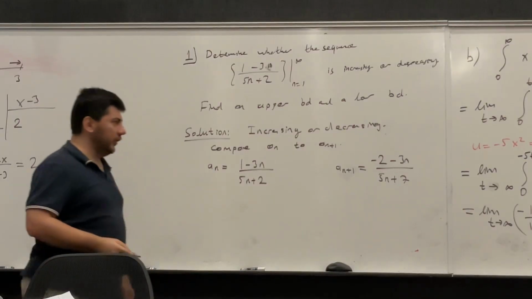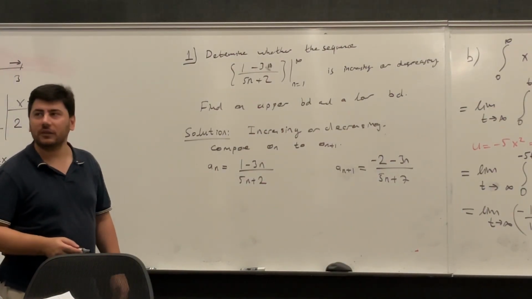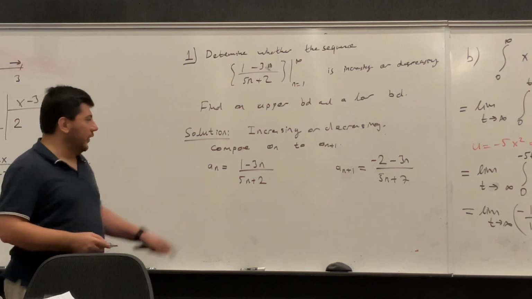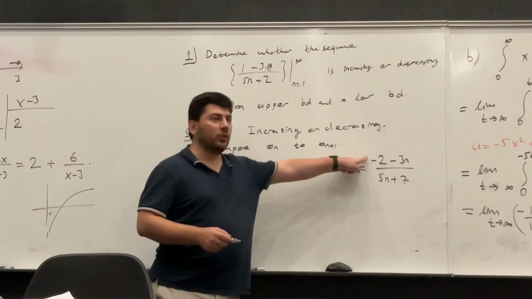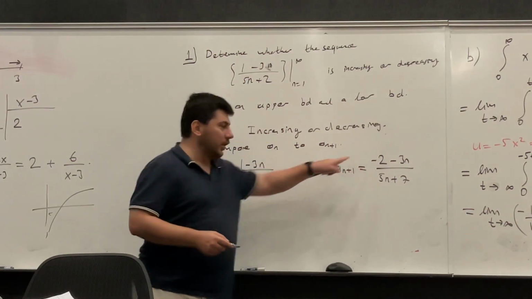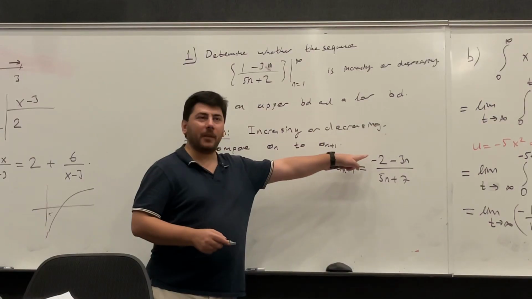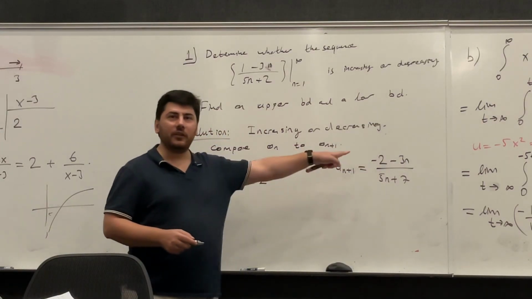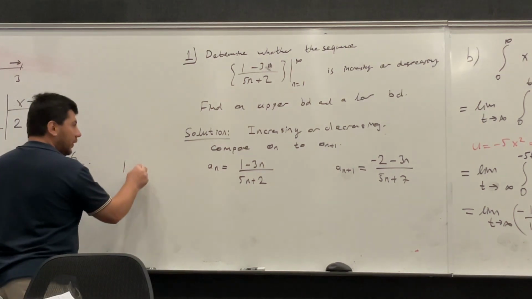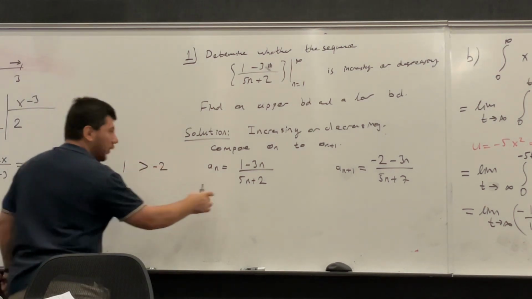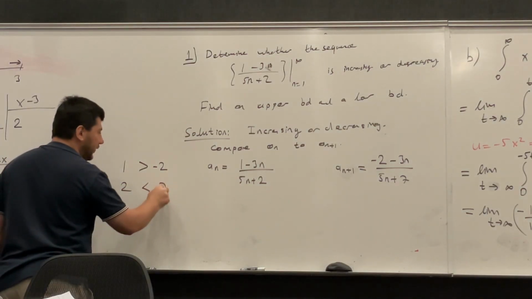So how do you compare these? Which one is bigger? The numerator of this is bigger than the numerator of this, because you are comparing 1 to minus 2, and the rest is the same. 1 is bigger than minus 2, and 2 is less than 7.